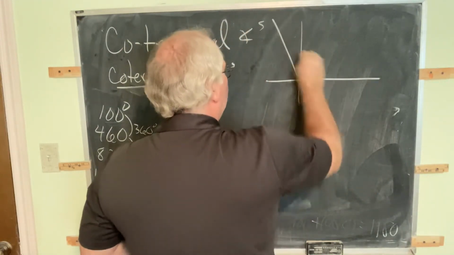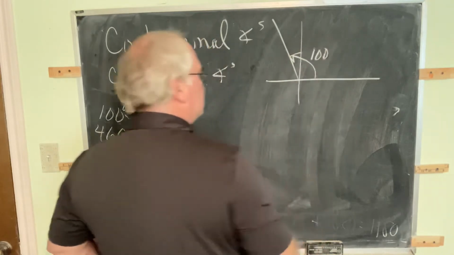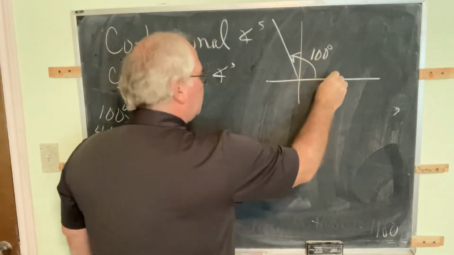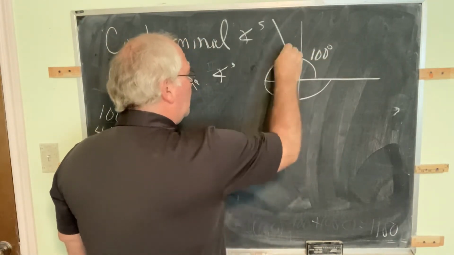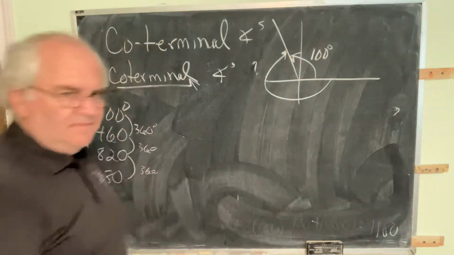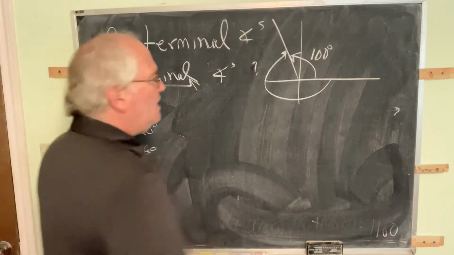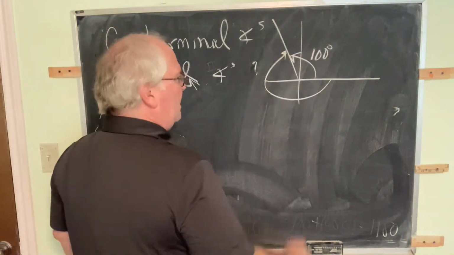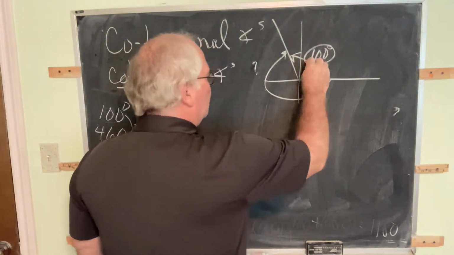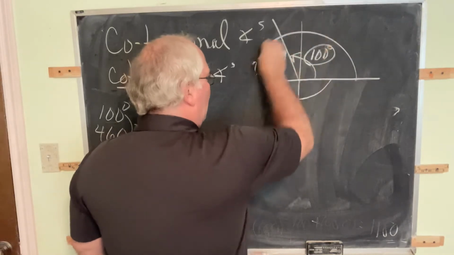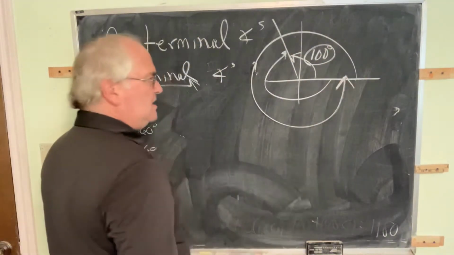If this is 100 degrees, now think with me, the question is, what is that? Well, let's ignore the positive and negative. We know that number is 100, and we know the grand total must be 360.